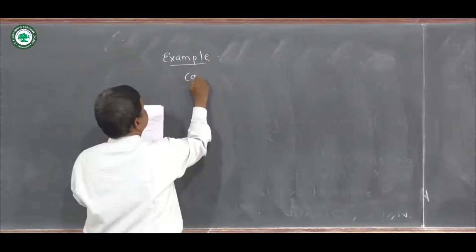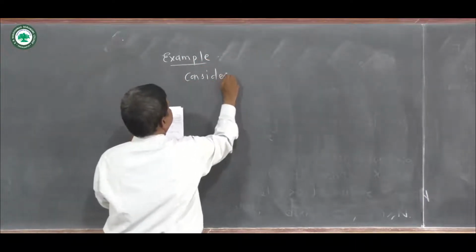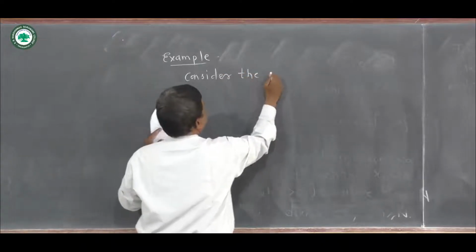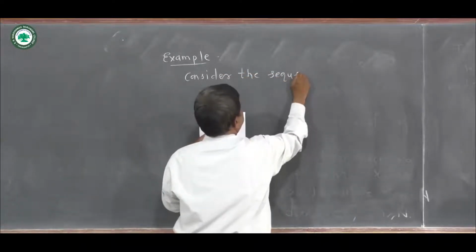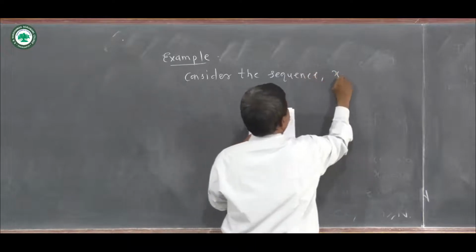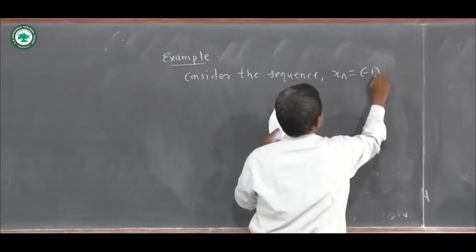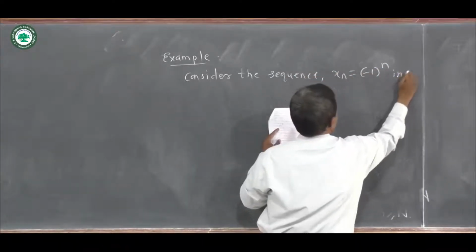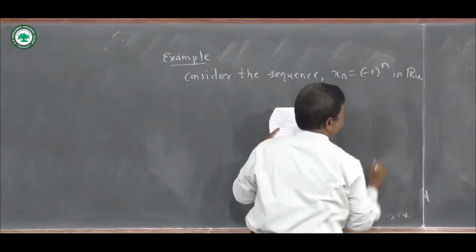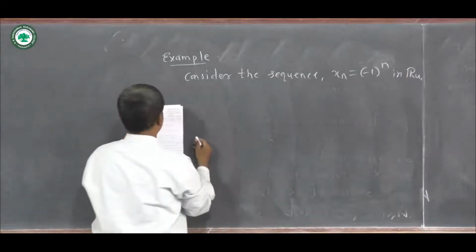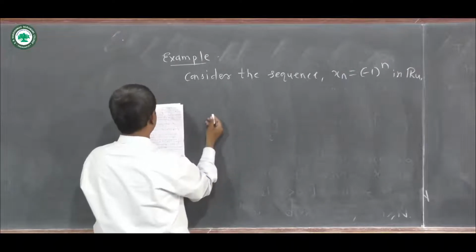Consider the sequence xn, which is (-1) raised to n, in the usual metric space R with the usual metric.